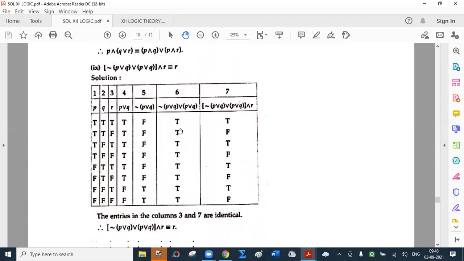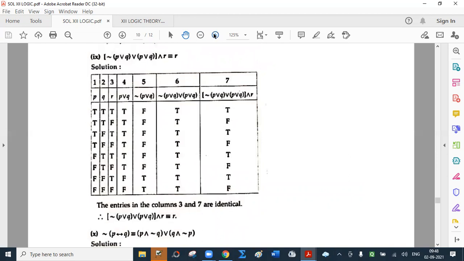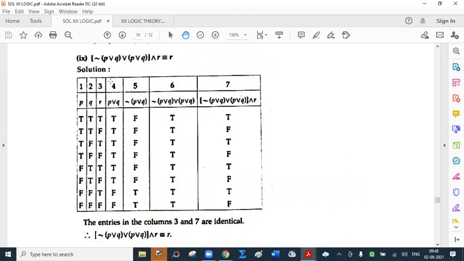Now we'll be solving sum number 9. Now there are three simple statements. So PQR, 8 combinations for them. Fourth column, P or Q. Fifth, its negation. Sixth one, not (P or Q) or (P or Q) in bracket.